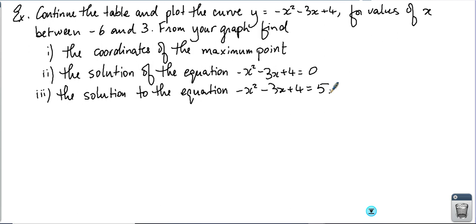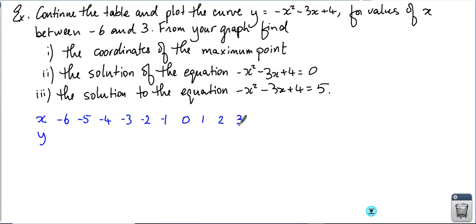Okay, so those are our 3 problems. Let's start by making up a table. So table x, y, x minus 6, minus 5, minus 4, minus 3, minus 2, minus 1, 0, 1, 2, 3.